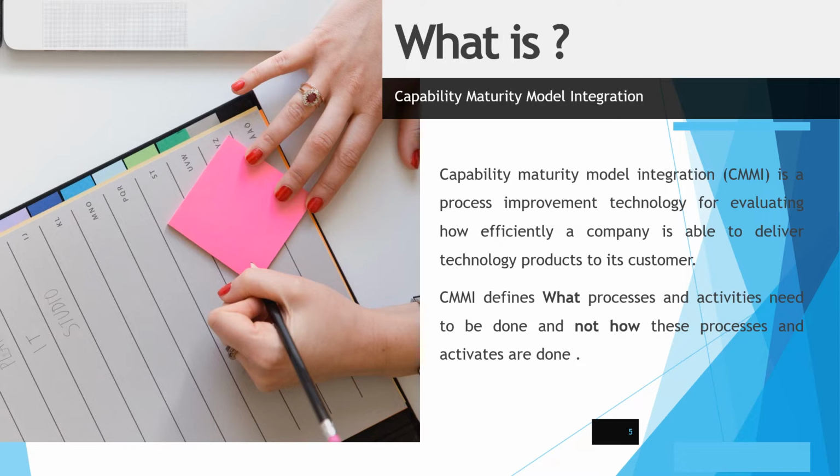Model. So CMMI, we can say, is a process improvement technology for evaluating how efficiently and effectively a company is able to deliver technology products to its customers. It defines what processes and activities need to be done and not how they are done.